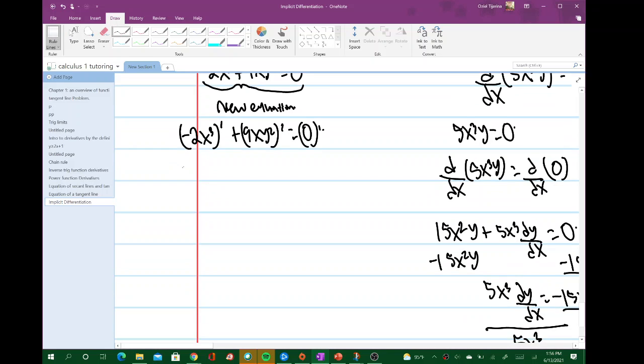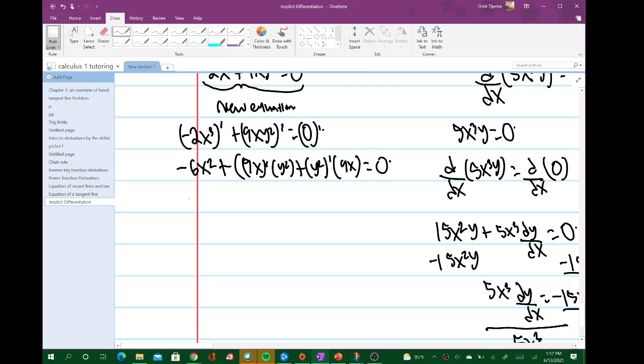So then we have negative 6x squared, and then plus, we're going to take the derivative of this. Basically, it's going to be 9x prime times y squared plus y squared prime times 9x, equals 0. The 0 prime is just 0.